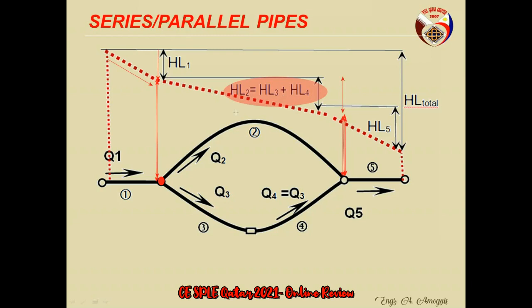So, eto siya. Let's say Q equation: Q1 equals Q5, Q1 equals Q2 plus Q3. So, therefore, I can say that Q2 plus Q3 equals Q1, also equals Q5.